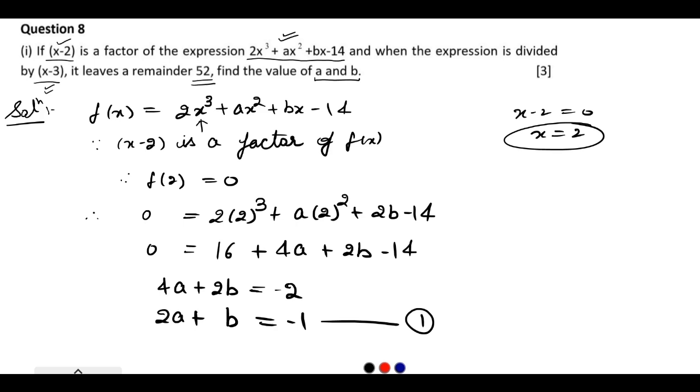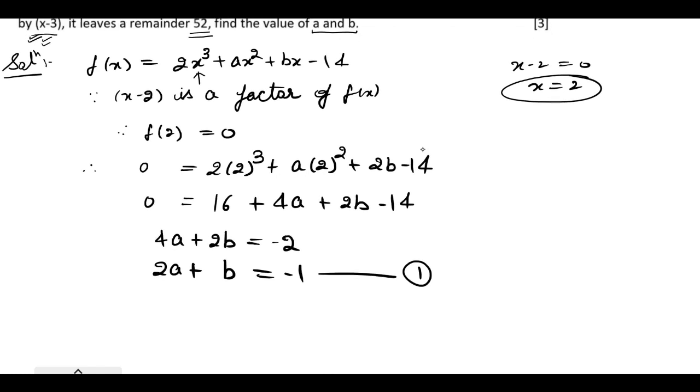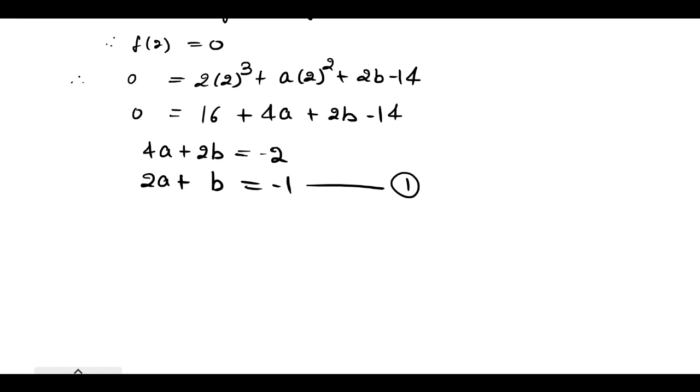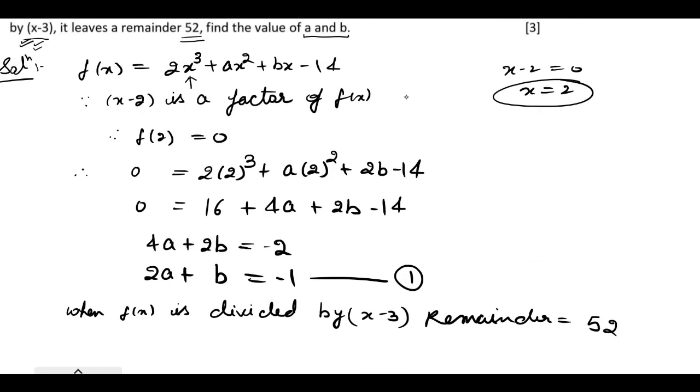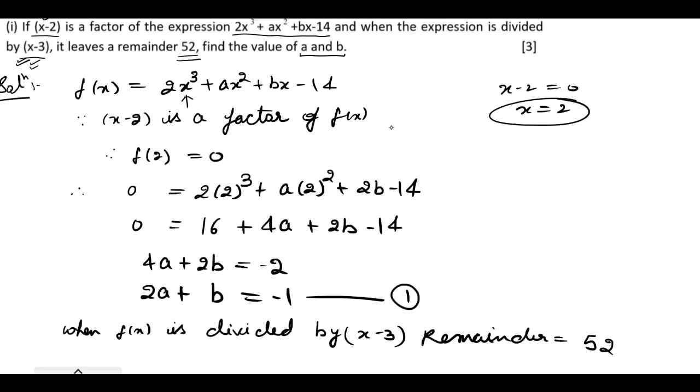Now make second equation with second condition. When fx is divided by x minus 3, remainder is 52. At this place you can mention this using factor theorem.